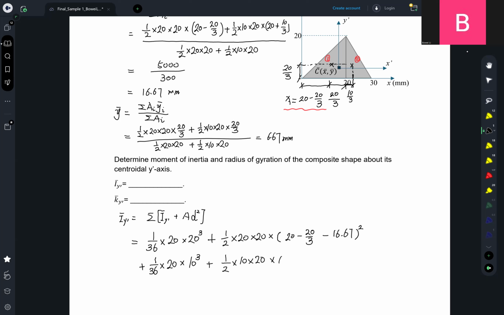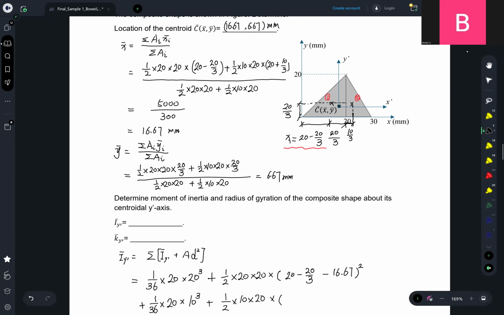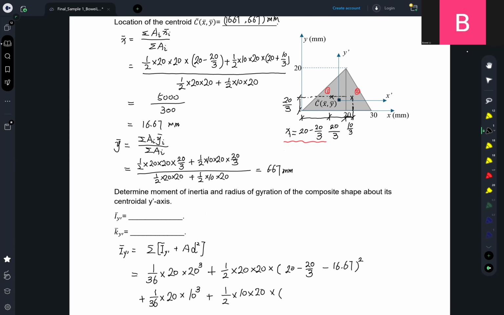Then times the difference between the x coordinate of the centroid of area 2 and the x coordinate of the entire area. The x coordinate of the centroid of the second area, we already have that in our first part, right?